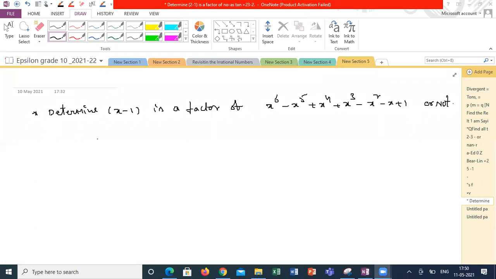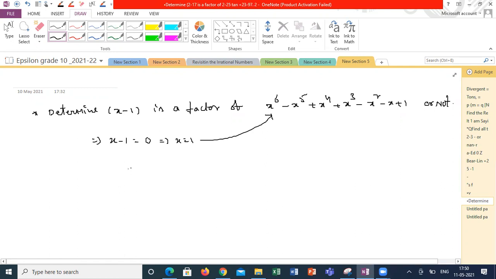Remainder theorem. What does the remainder theorem say? x minus 1 is equal to 0, x is equal to 1. Substitute x is equal to 1 in this equation, P of 1. If P of 1 is 0, x minus 1 is a factor. If P of 1 is not 0, x minus 1 is not a factor.